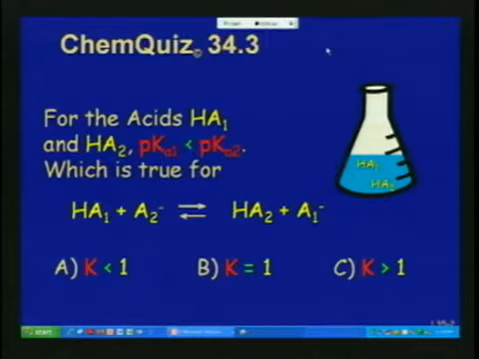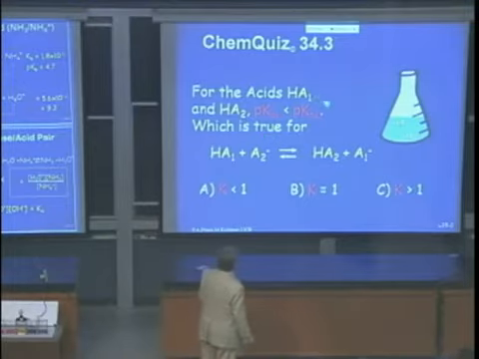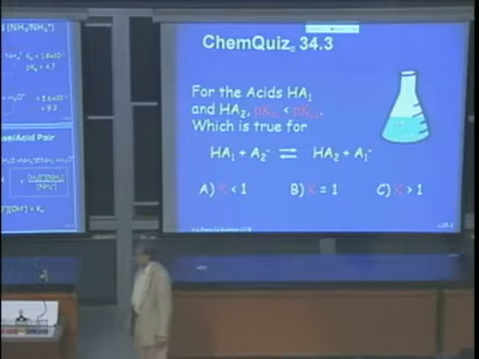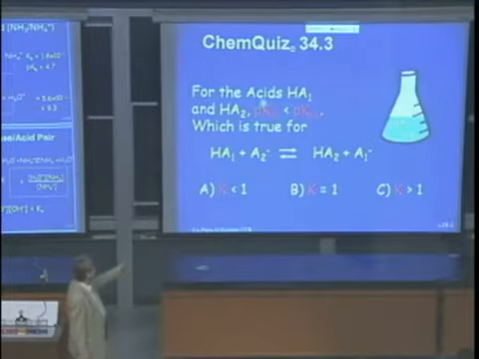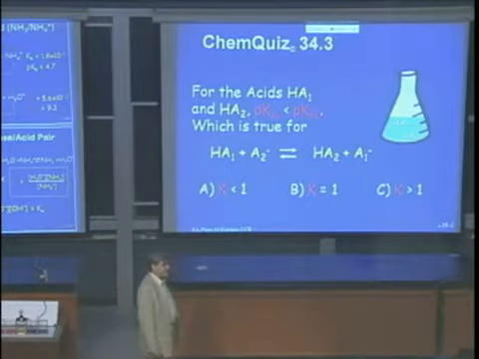Now, why is that? pKa1 is smaller than pKa2. What does this mean for the K? Ka1 is larger than Ka2. And if this is larger, then it pushes the equilibrium to here.